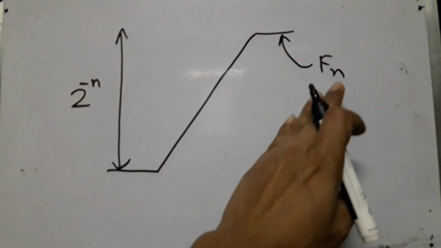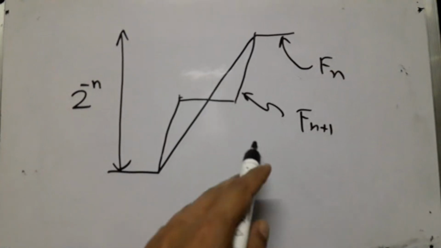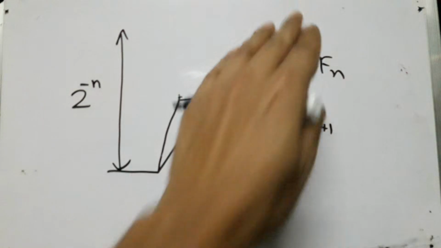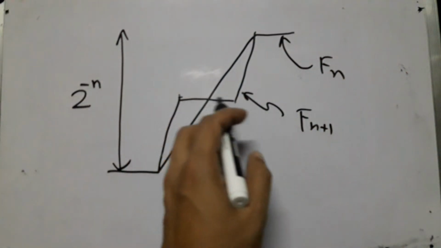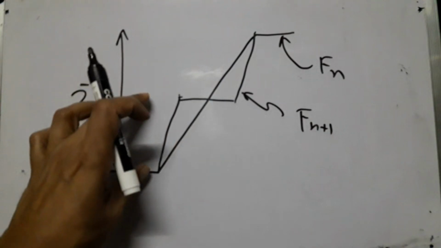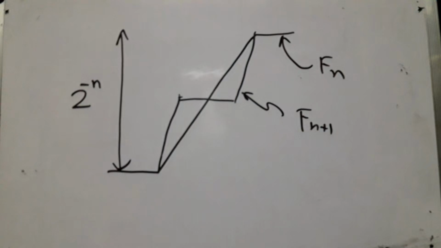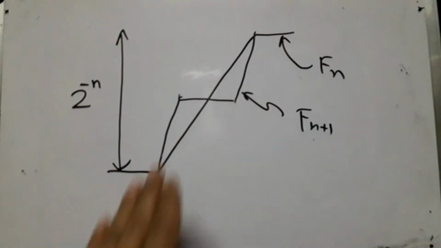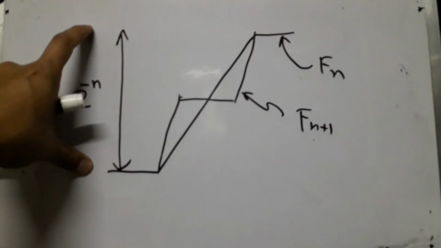Now when we move from Fn to Fn+1, it looks like this, where the flat parts are still remaining, because once you delete some region, you never bring it back, but this extra flat part is added. So this height is half of that and this is another half of that. Whatever difference of Fn+1 and Fn there is, it must be all confined within 2 to the power minus n.